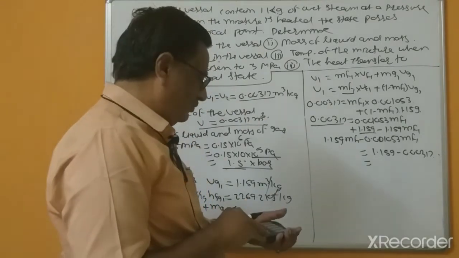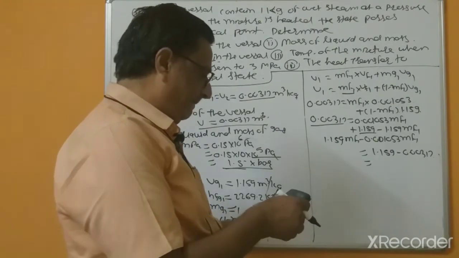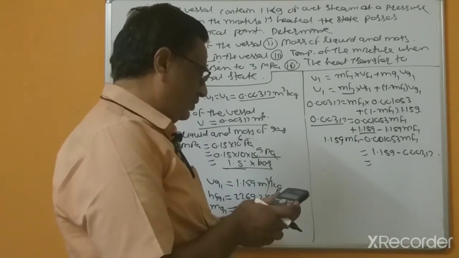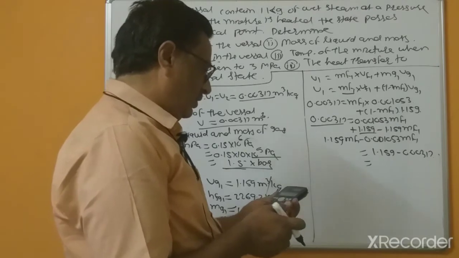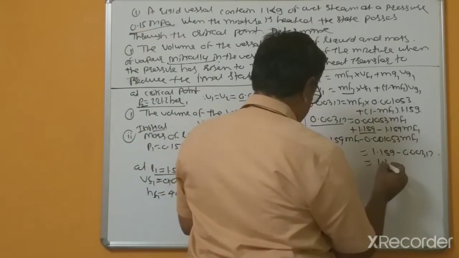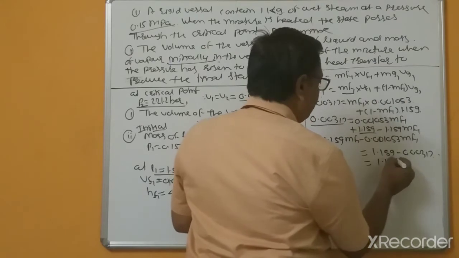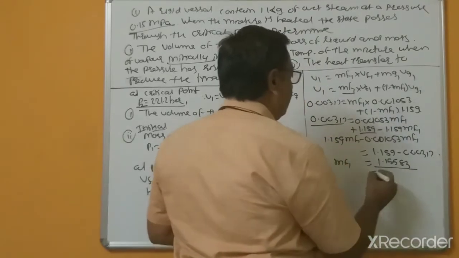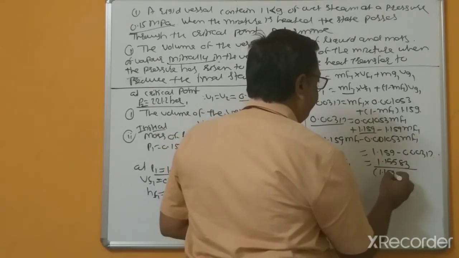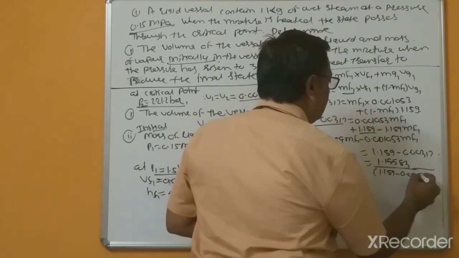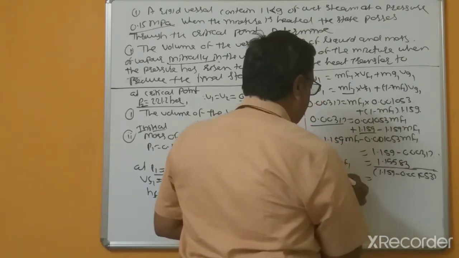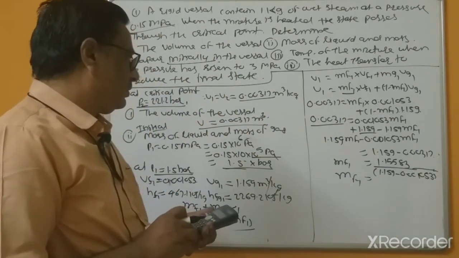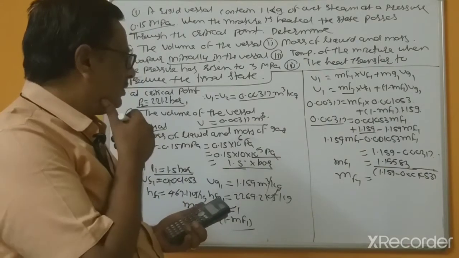So I think we are still in the second bit. 1.159 minus 0.0317 is equal to 1.1273, and this is MF1 times 1.159 minus 0.001053. So directly I am calculating the mass of the liquid.